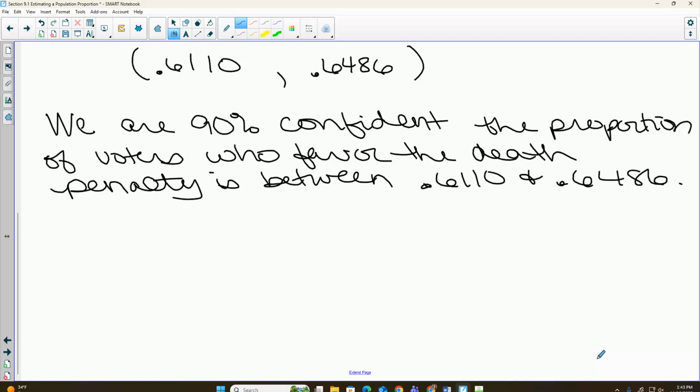Another way of thinking about it, if I got 100 different samples, I would expect 90% of those samples to give me a p-hat between those two numbers.